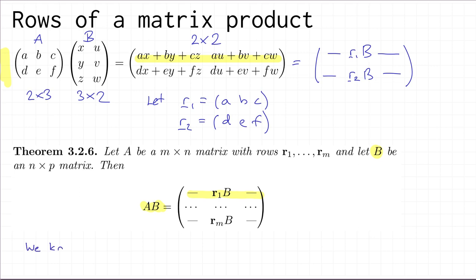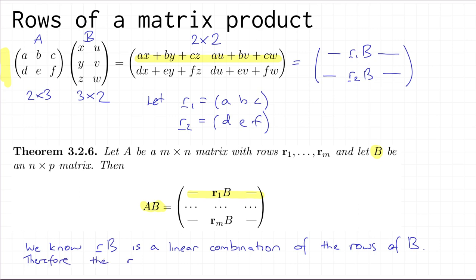Well, we know that in general, RB, for a row vector R, is a linear combination of the rows of B. Therefore, the rows of AB are all linear combinations of the rows of B. So that's interesting because it gives us two different ways of thinking about this product A times B. We saw before that the columns of AB were linear combinations of the columns of A, and now we've seen that the rows of AB are linear combinations of the rows of B.